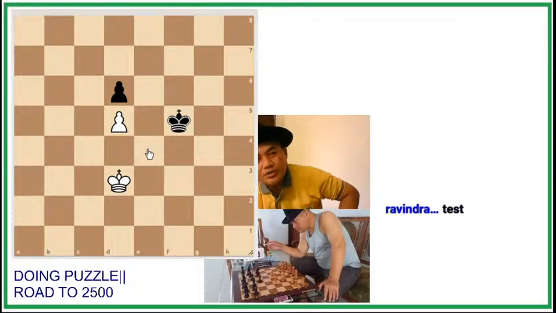because this is a draw. For example, white goes here, and then black can go here, and then black attacks the pawn, and then white can get the pawn.